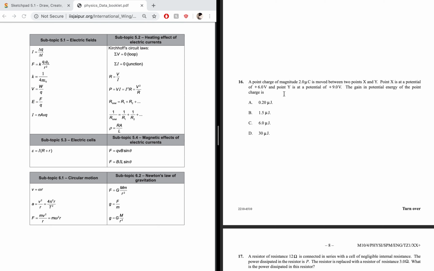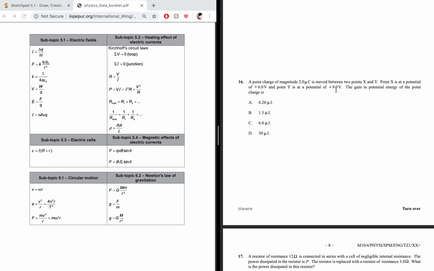Okay. So what we have to do here is use this formula right here. Voltage equals work done over charge. We know our charge is 2 microcoulombs, and our voltage has to be a potential difference.